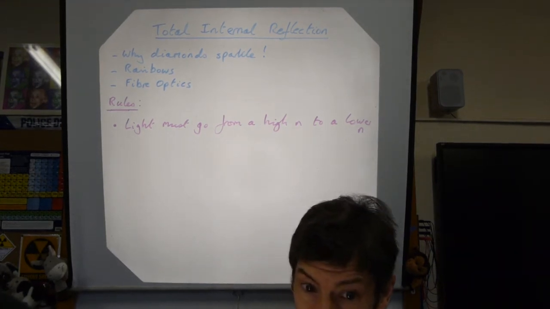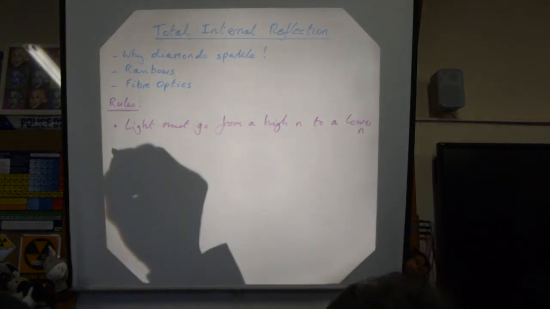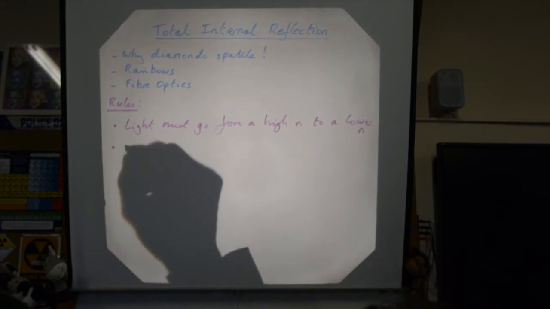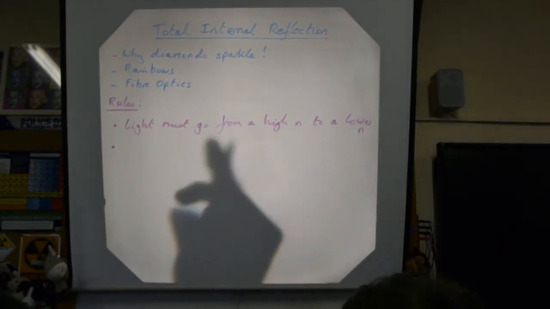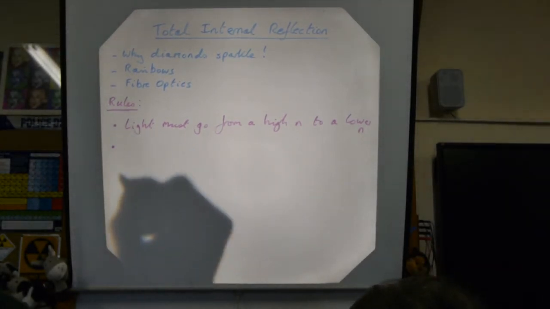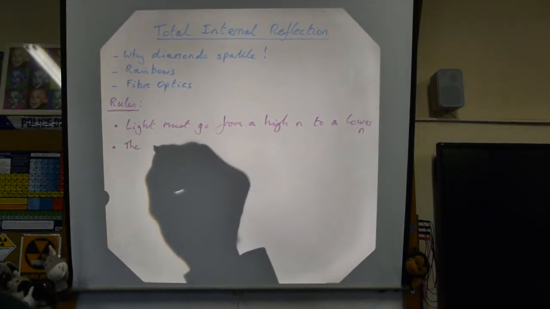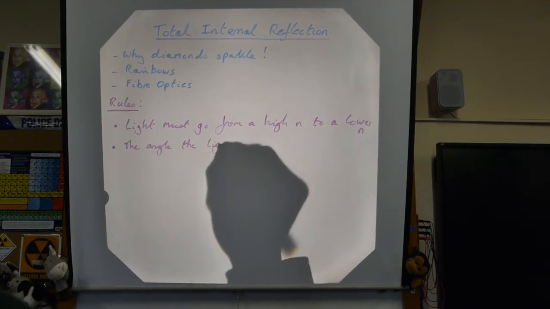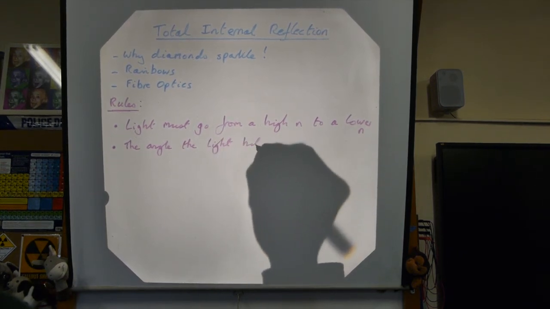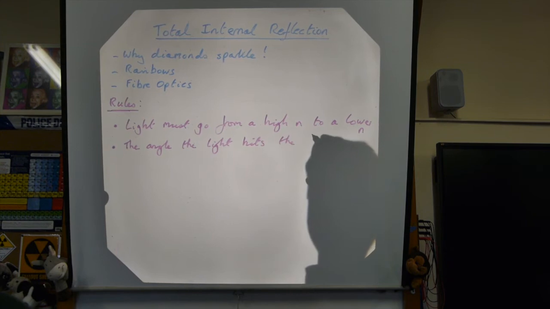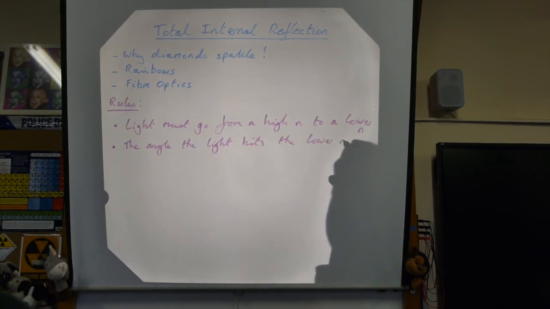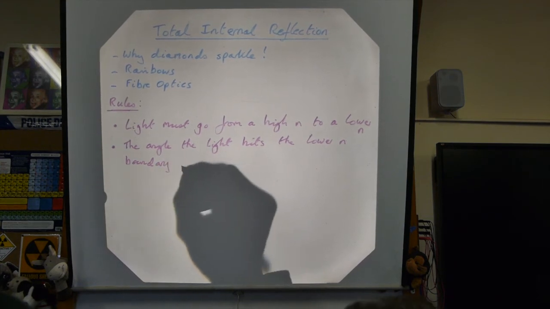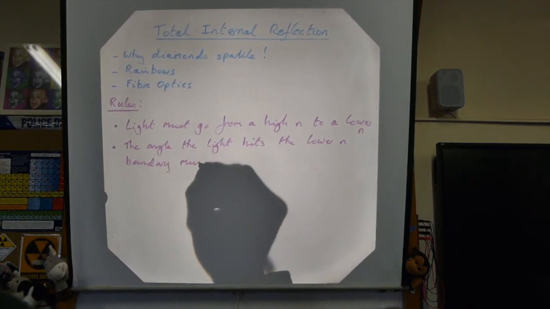And there's one other thing that I hinted at before, that the angle that the light hits the less dense medium, the angle the light hits the lower N boundary, must be bigger than a certain value.